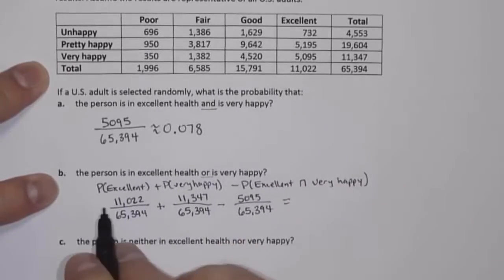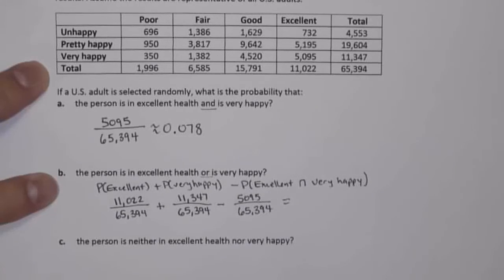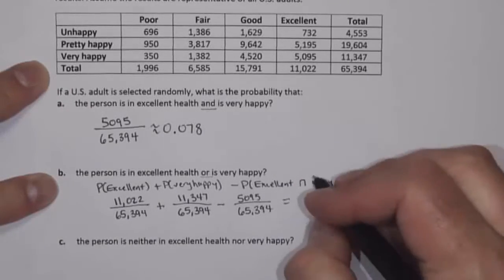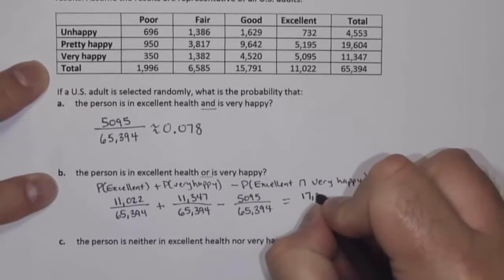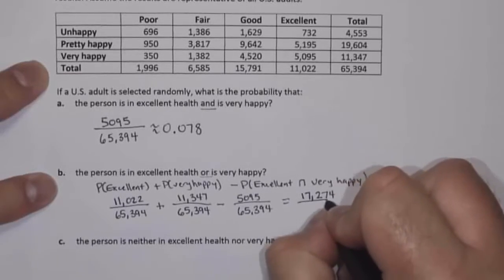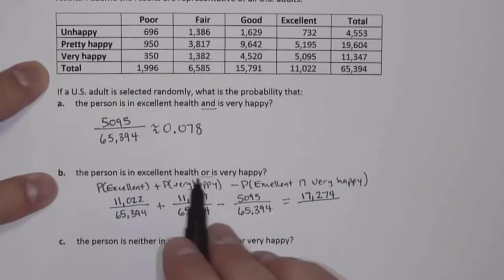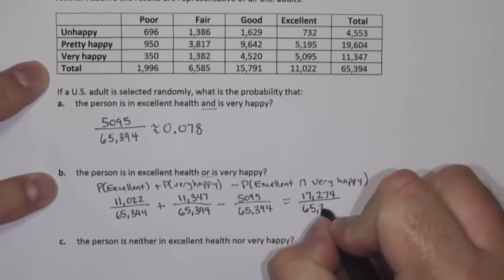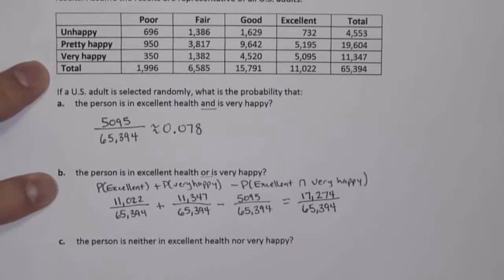So if I add and subtract here, I'm going to use my calculator for this. So if I add up the 11,022 plus the 11,347, and if I subtract off the 5,095, that is 17,274. So there are 17,274 individuals that are in excellent health or very happy or both, out of the 65,394.